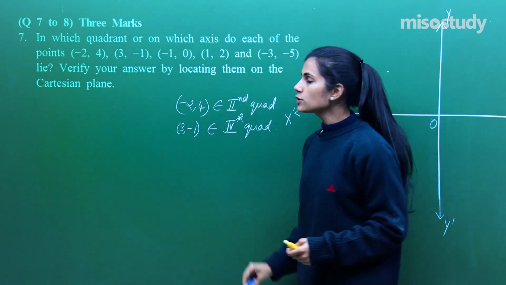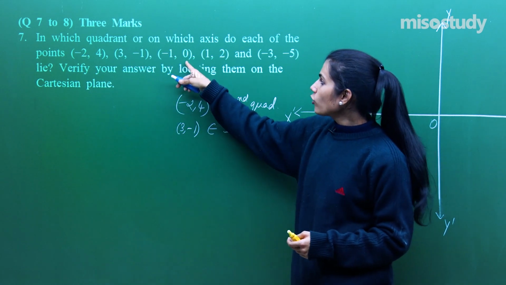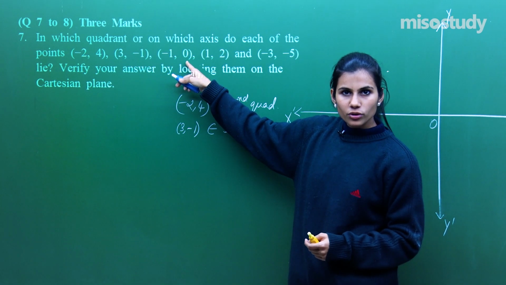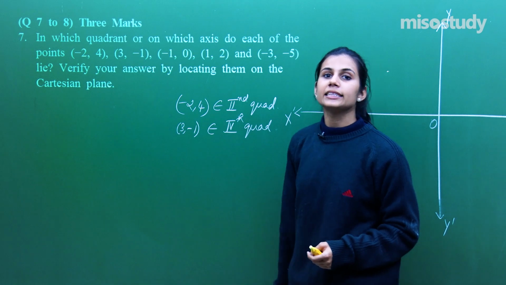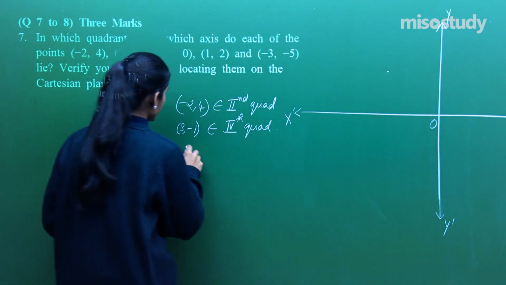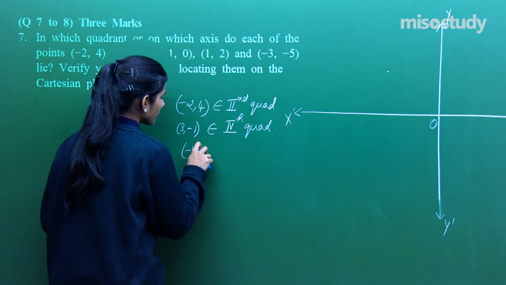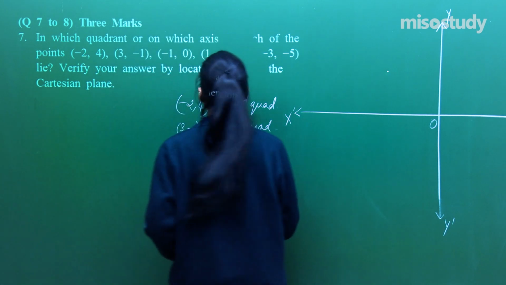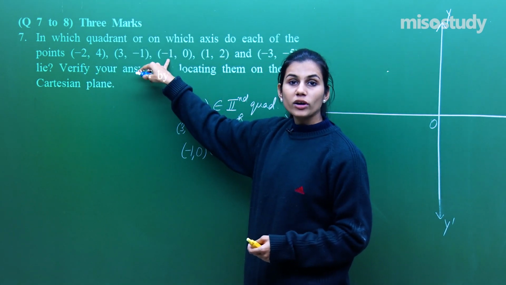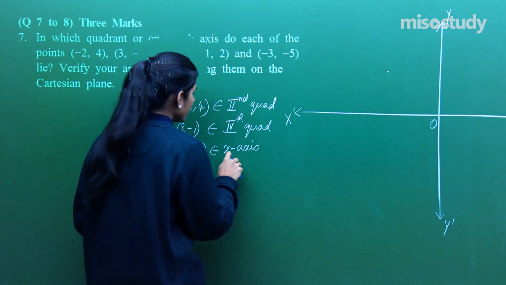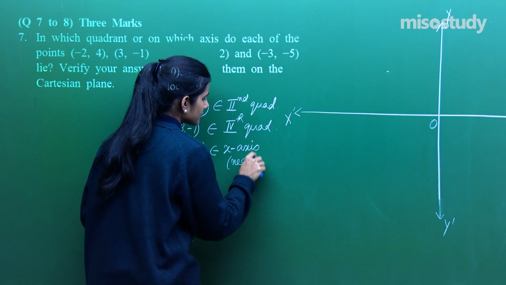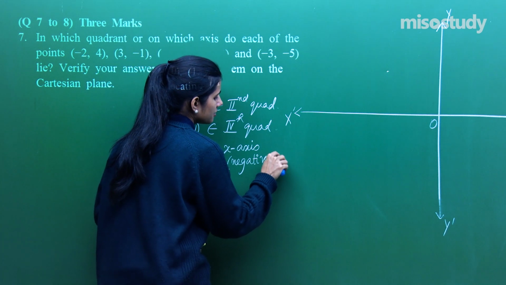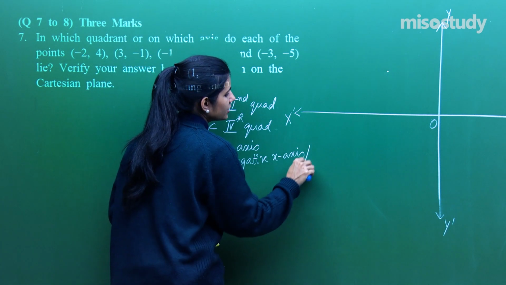Then you have (-1, 0). Because y coordinate is 0, that means this point is lying on the x-axis. So (-1, 0) lies on the x-axis. And that too you can tell where. Because x coordinate is negative, it is actually lying on the negative x-axis or OX'.